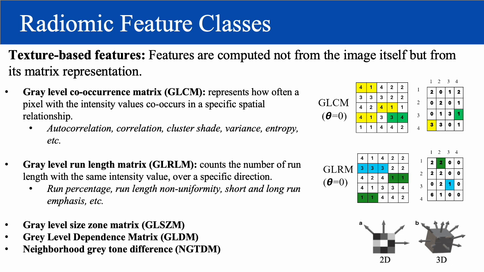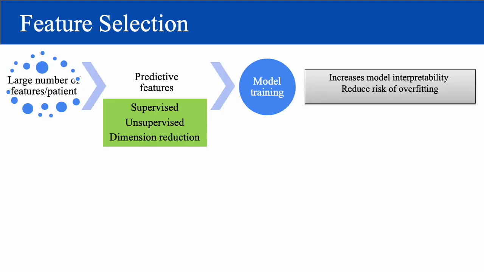We calculated these for the 2D case, but in PyRadiomics, it is calculated also in 3D. And we have 3 more groups like gray level size zone matrix, GLSZM, gray level dependence matrix, GLDM, neighborhood gray tone difference matrix, NGTDM.